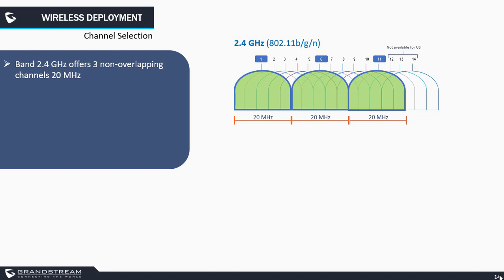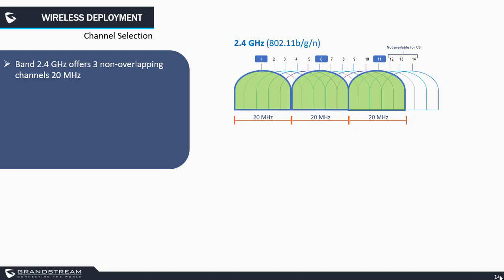As you can see, each channel overlaps with 2 or 4 other channels, and this affects the performance of the wireless connection. The 3 channels that don't overlap with one another in this image are channels 1, 6, and 11.